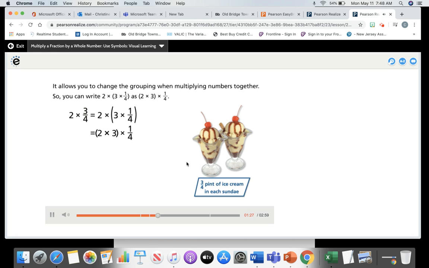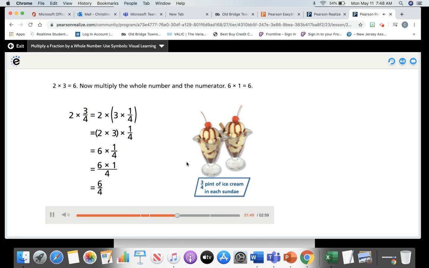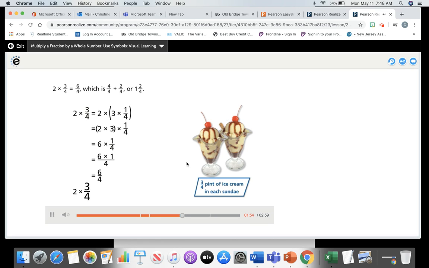So you can write 2 times open parenthesis 3 times 1/4 close parenthesis as open parenthesis 2 times 3 close parenthesis times 1/4. 2 times 3 equals 6. Now multiply the whole number and the numerator. 6 times 1 equals 6. 2 times 3/4 equals 6/4, which is 4/4 plus 2/4, or 1 2/4.